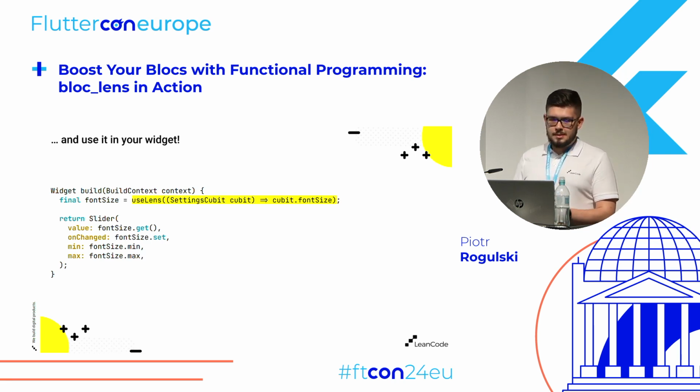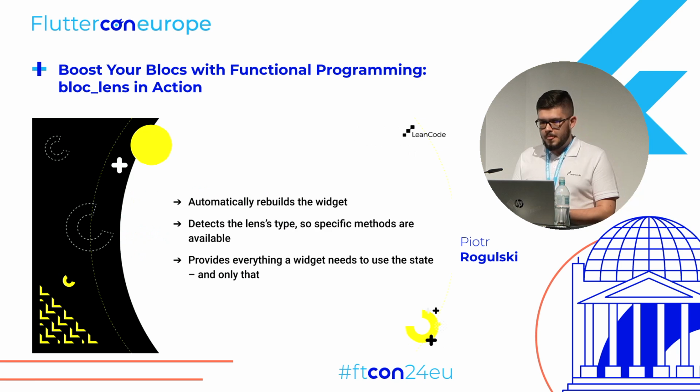And this final font size is the actual lens, so you can execute get, execute set, you can read the minimum value, the maximum value, and no matter what you do, the value will stay consistent and the widget will update exactly when you want it.